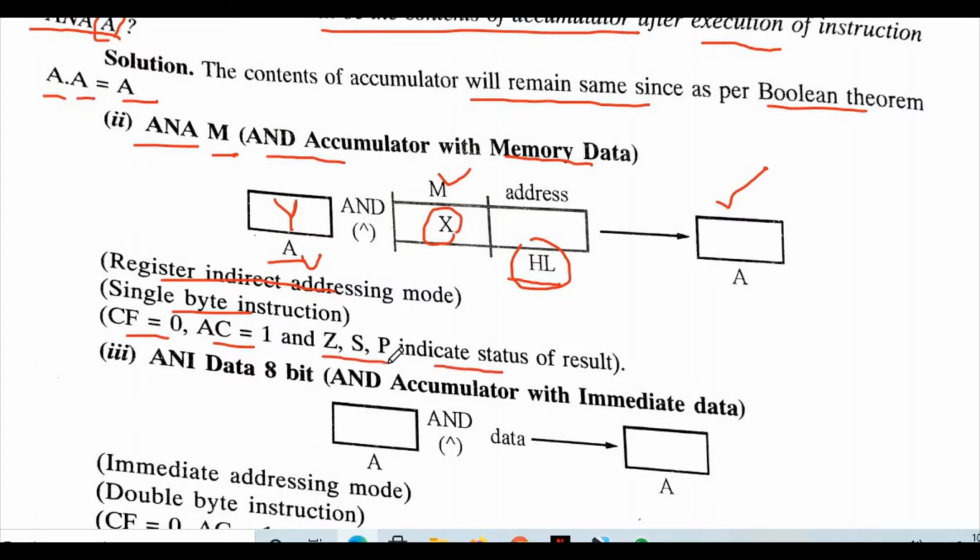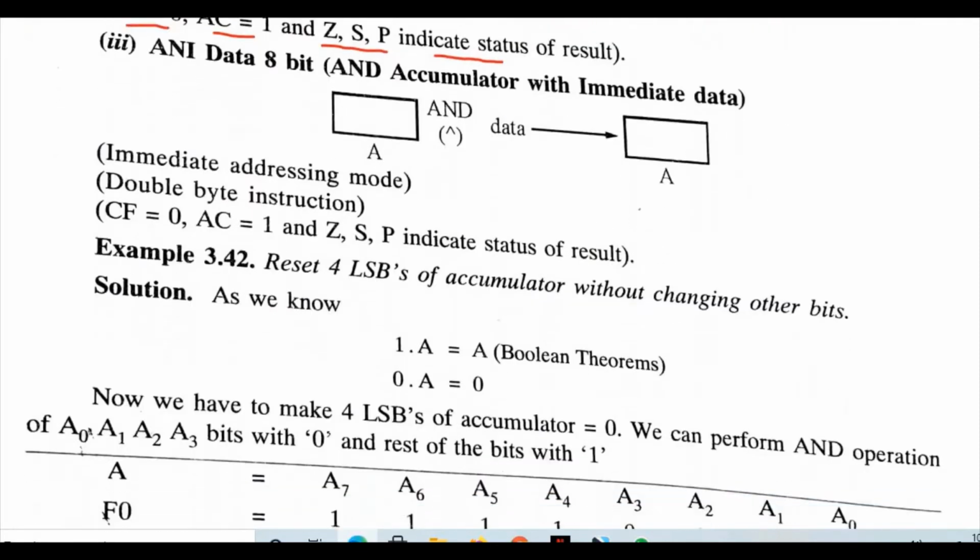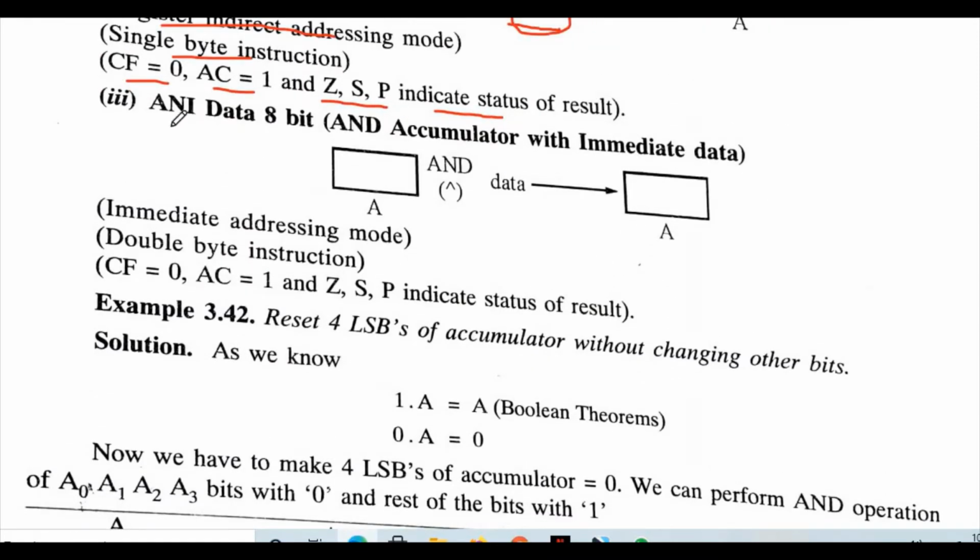Next instruction is ANI. I means immediate. This is an immediate addressing mode instruction. This instruction will do the ANDing of the accumulator and 8-bit data given along with the instruction. The meaning of this instruction is AND the contents of the accumulator and the data given along with the instruction.